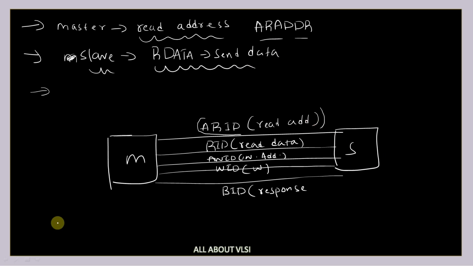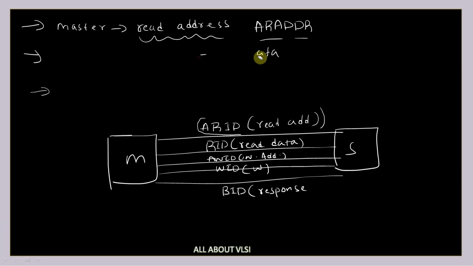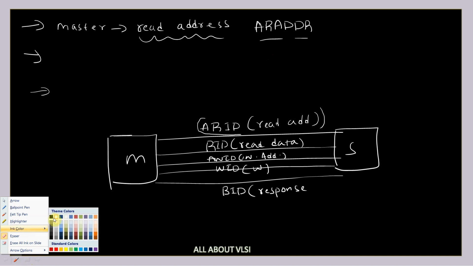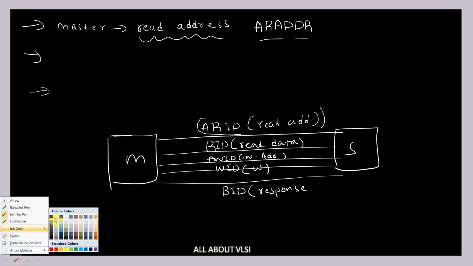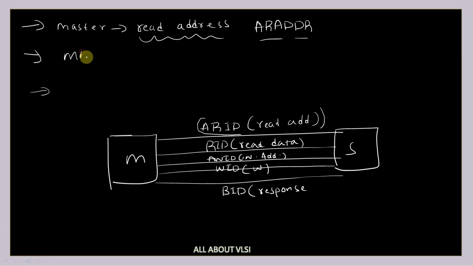So what master can do is, it can also provide the write address information, that is, if my master wants to write any data, it can provide the write information to my slave using the write address channel.